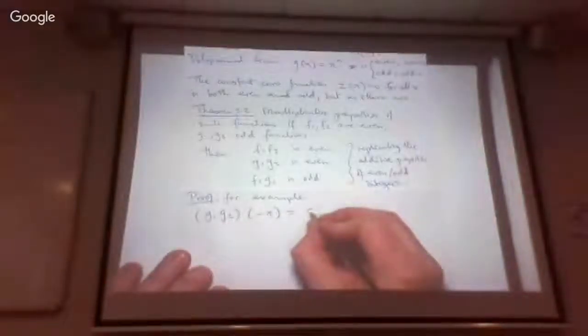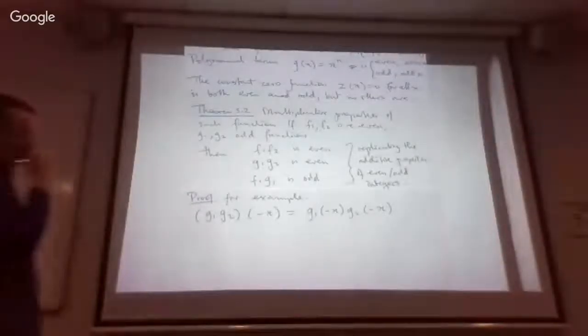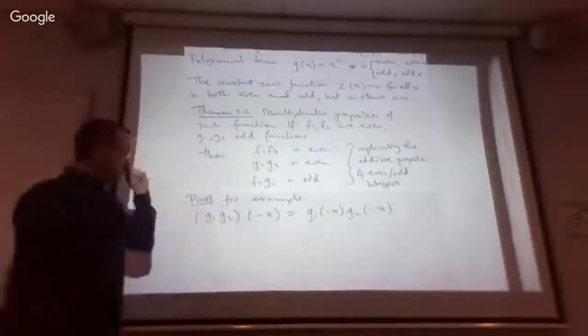For example, let's take the g1 times g2. We multiply g1 times g2 times an argument minus x. Well, by definition of what it means to multiply together functions, this is g1 of minus x multiplied by g2 of minus x. It's just the definition of what it means to multiply two functions.